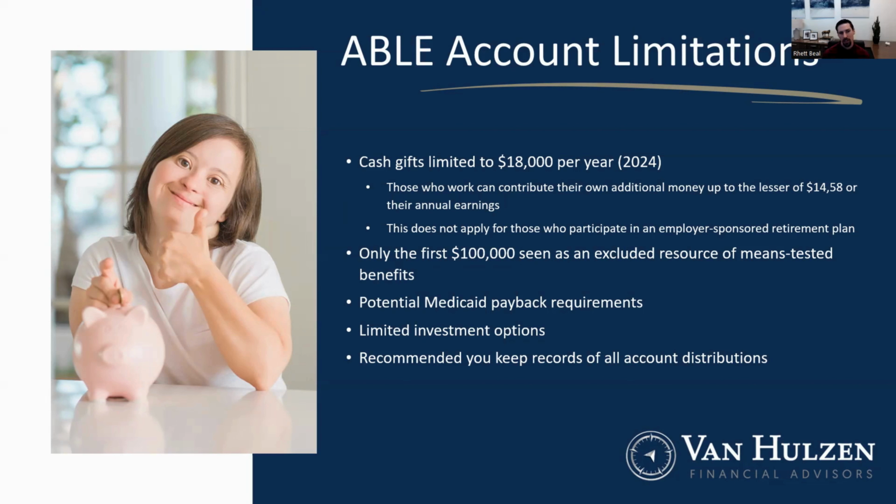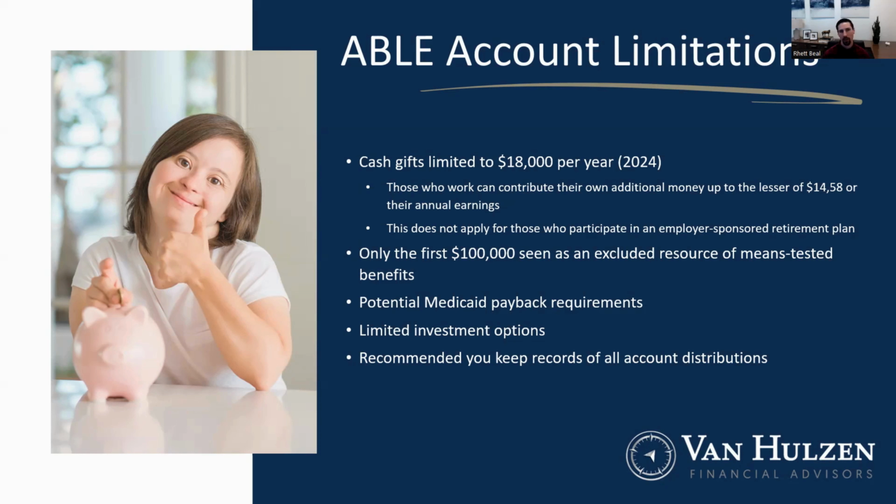And another limitation is there may be a Medicaid payback provision. This is not the same in every state. Every state has a little different rule. California is a state that says that there is not a Medicaid payback provision on it, where most other states do. But unfortunately, you can't name a beneficiary directly on the ABLE account, which means it will flow into someone's estate.